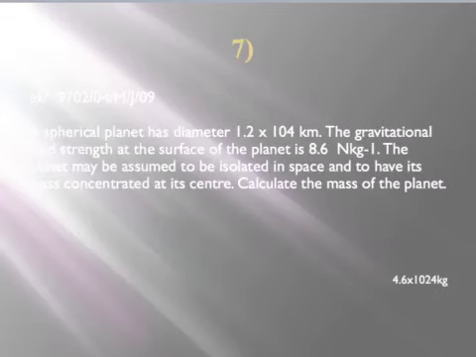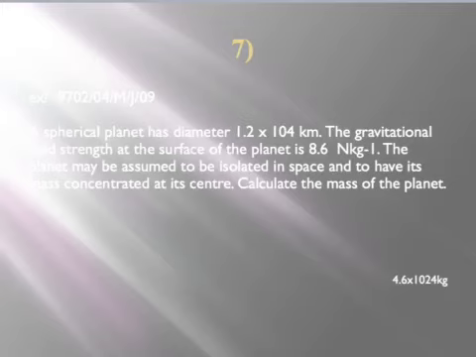Question 7, we are looking at the May-June paper from 2009, paper 4. A spherical planet has a diameter given as 1.2 times 10 to the power of 4, that should be kilometers. The gravitational field strength at the surface of the planet is 8.6 newtons per kilogram. The planet may be assumed to be isolated in space and to have its mass concentrated at its center. Calculate the mass of the planet.